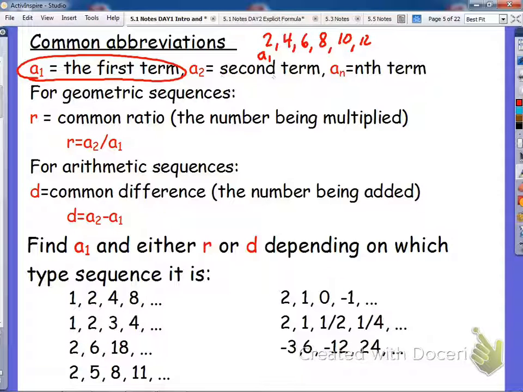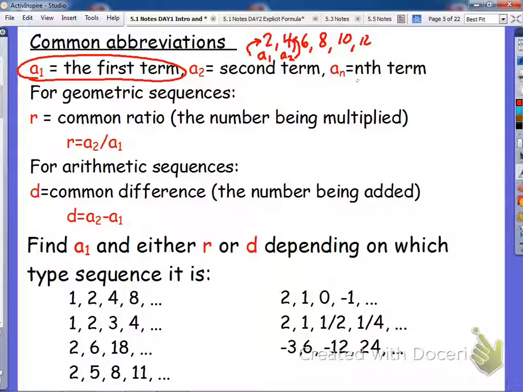And the second term would be A subscript 2, which is 4. That's the second term. Okay? Anyway, so the nth term is just some term way off in the distance. I'm not sure which one it is. It's going to depend on the problem.